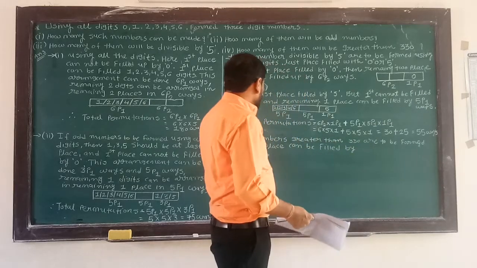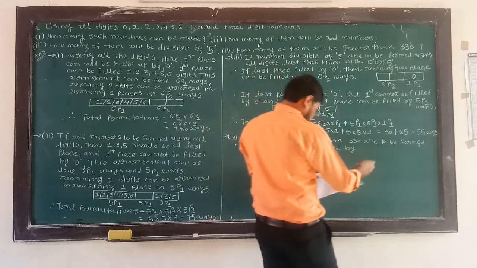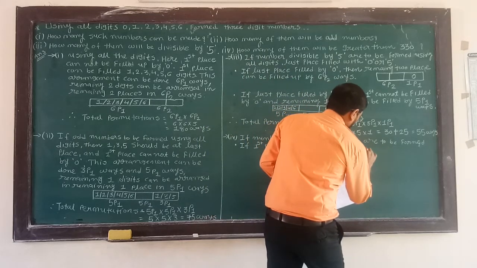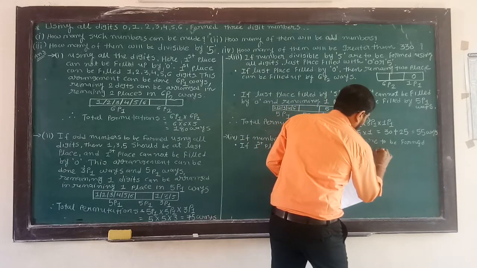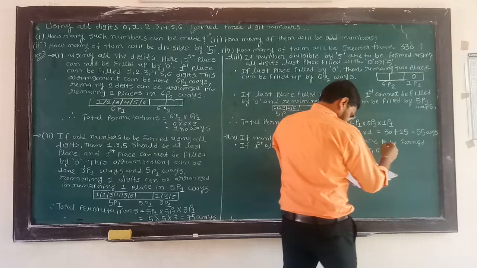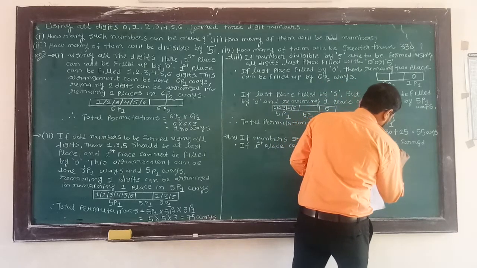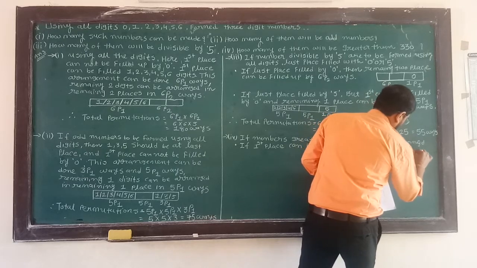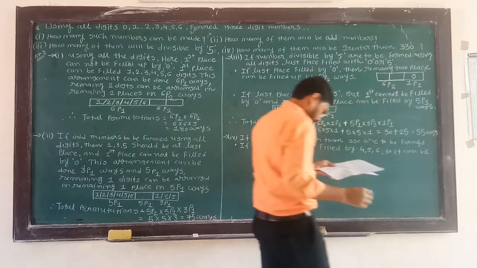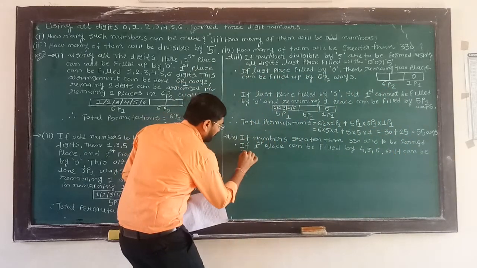So the first number we put is 4, 5 or 6. So it can be 3p1 ways.